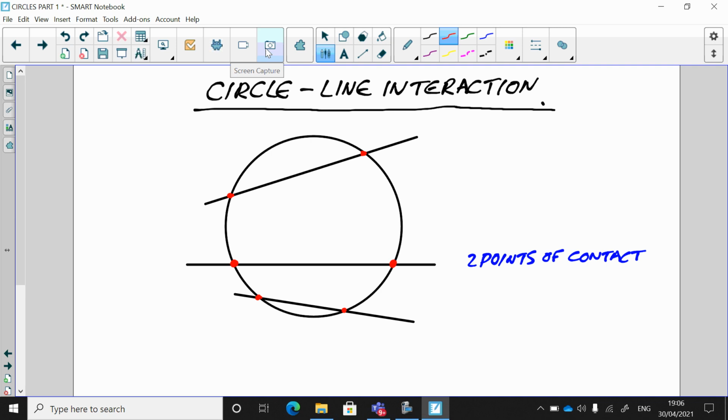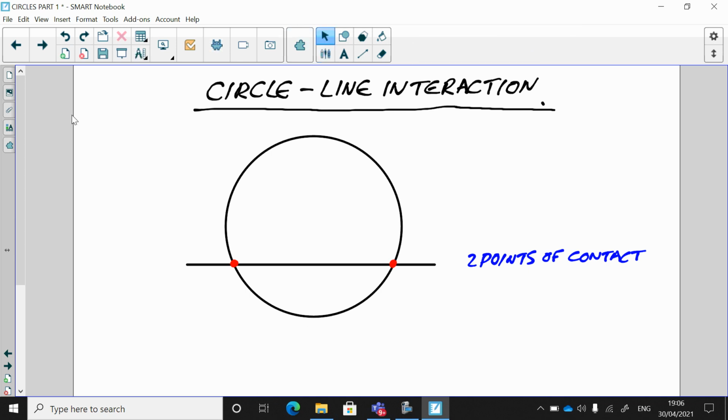That's fine. They belong to the same family. I hope you agree with me on that. If not, please leave the room. Right, okay. So that's one scenario. Line cutting a circle at two distinct points, 2 points of contact.